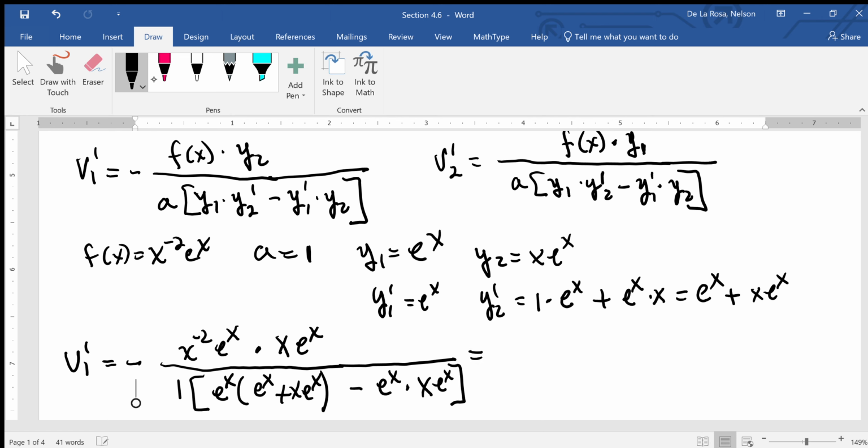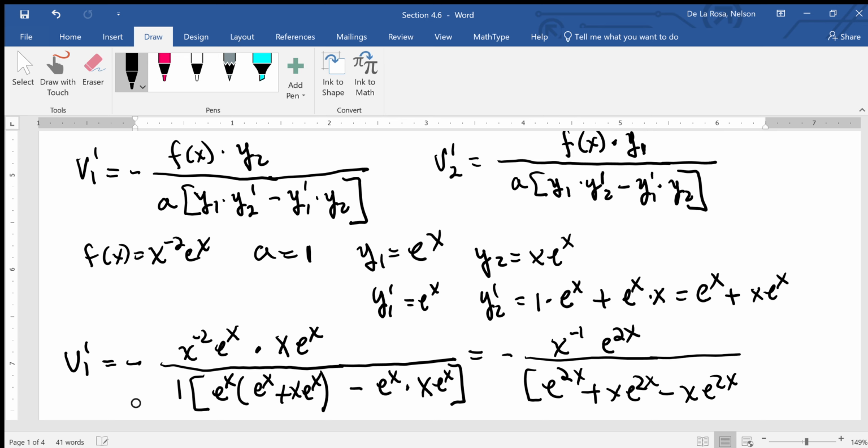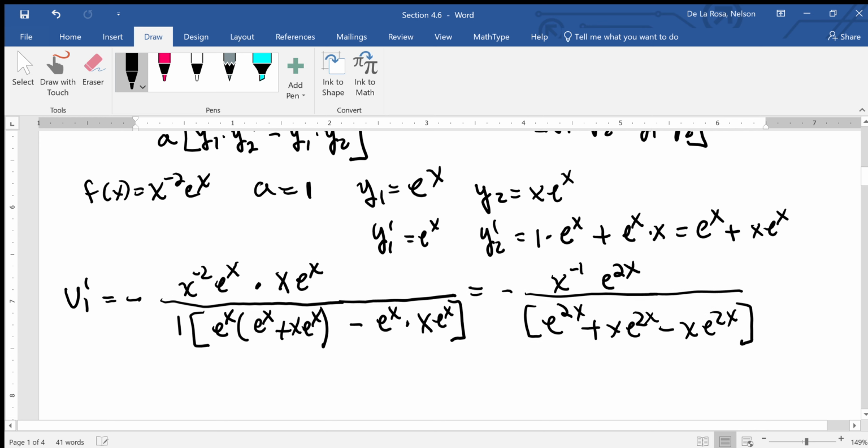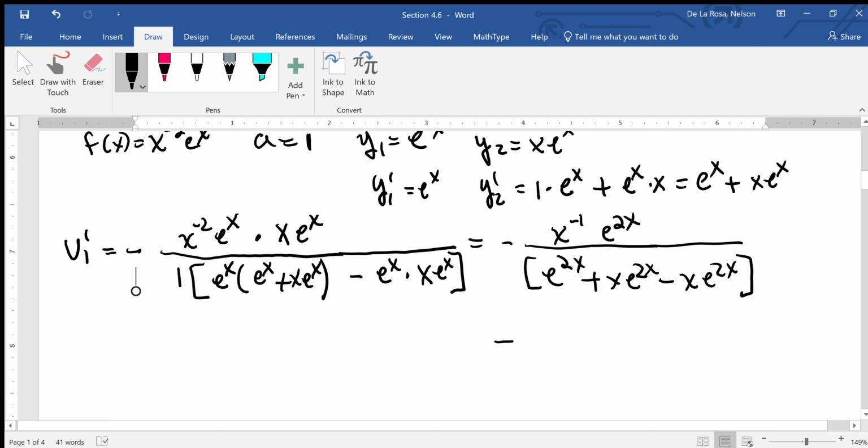On the top we have negative x to the negative 1 e to the 2x. On the bottom we have e to the 2x plus x e to the 2x minus x e to the 2x.